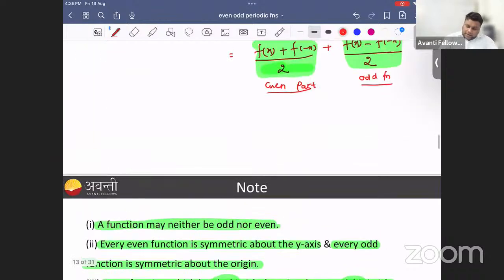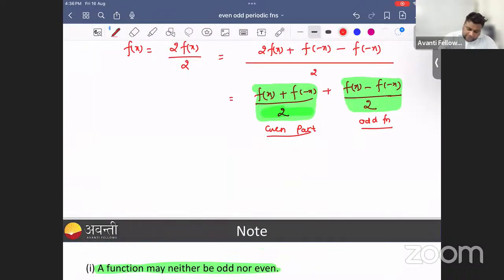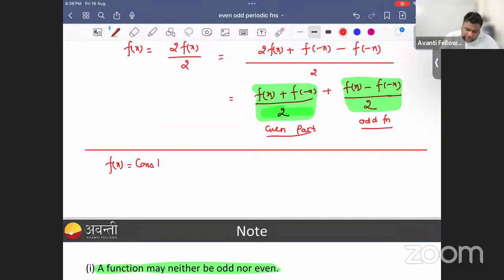Now, another very important point: f(x) equals a constant, and this constant is not equal to 0. f(x) equals a non-zero constant is an even function.